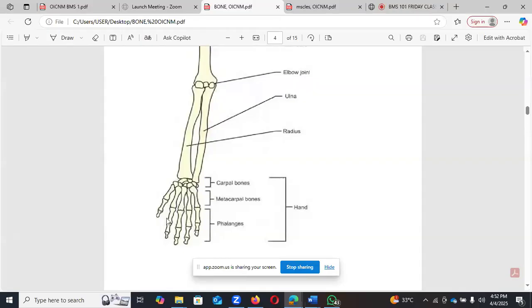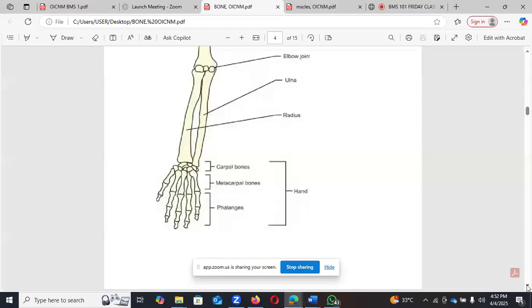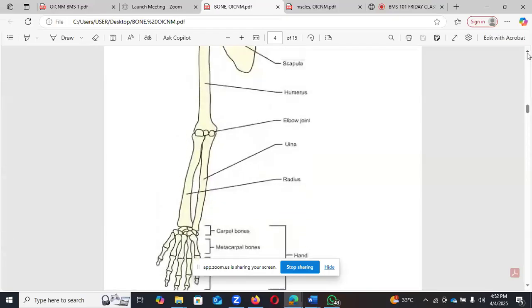These are part of the small bones. The humerus, and the radial and ulnar bones are examples of the long bones.